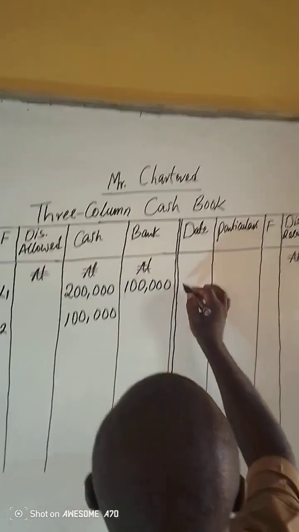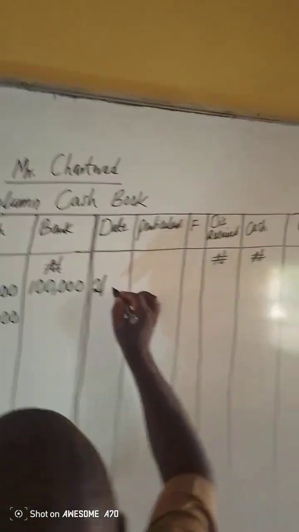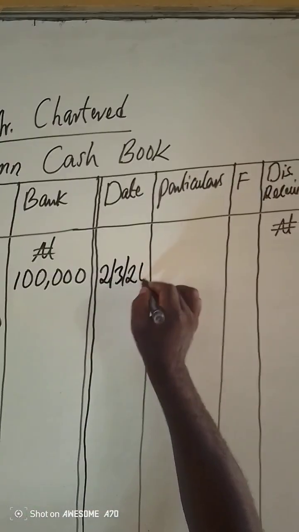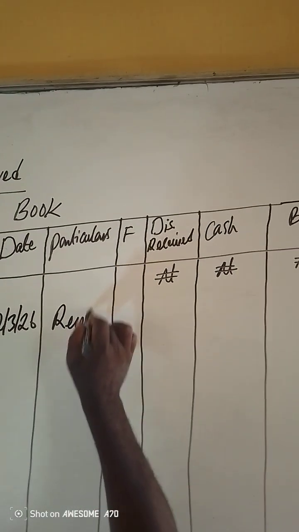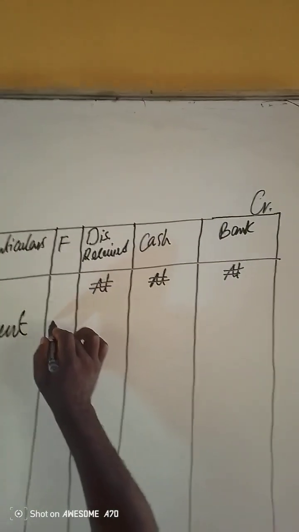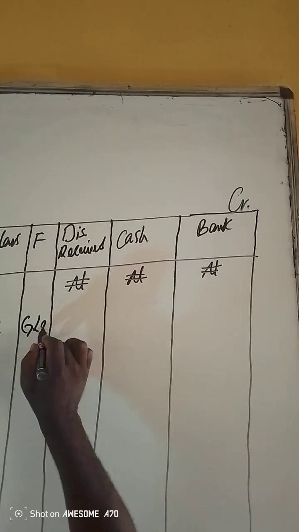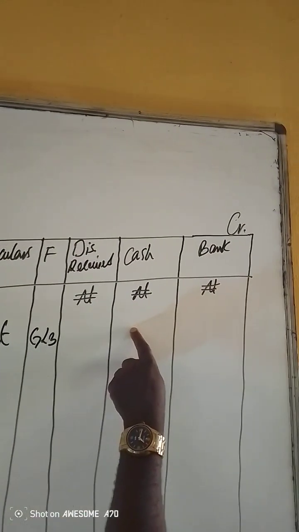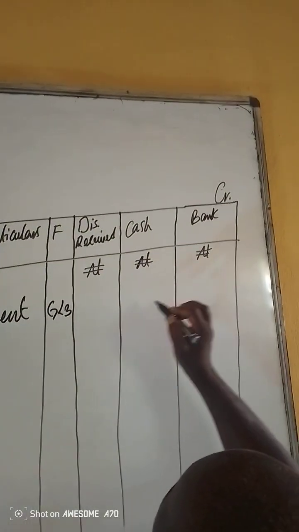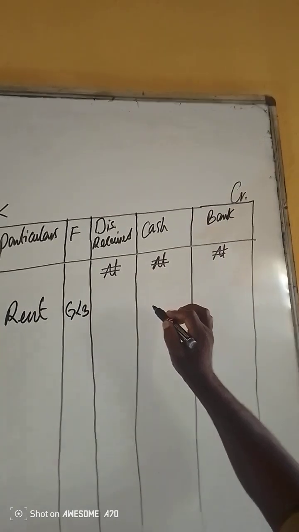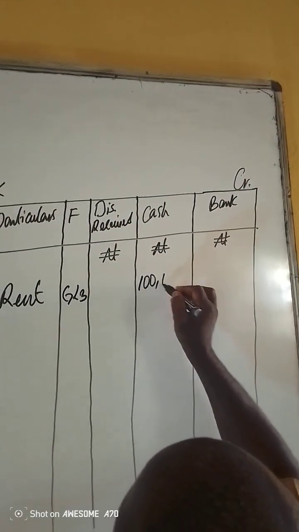On this day, which is 2nd of 3rd 26, cash is given to rent, and this becomes general ledger 3, and then the amount is under cash, because cash is going out of the business to pay shop rent, which is the same thing as rent. How much is that? That is 100,000, and then cash shall be credited.